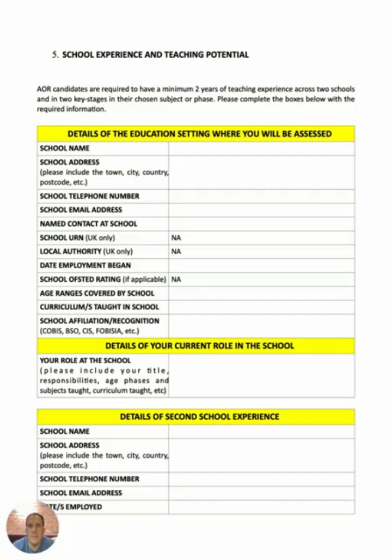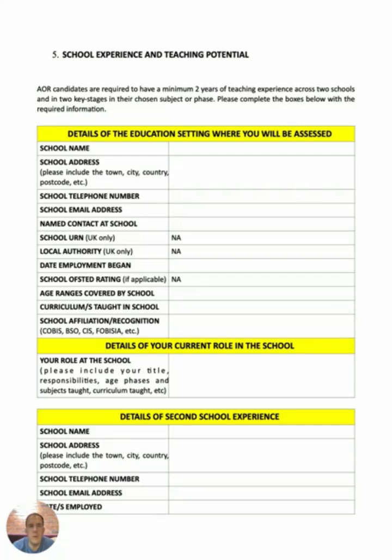If not, then it could be the current head or the PA to the head or somebody at the school that the university can contact if required. Realistically, they're not going to be contacting the school because they're going to be speaking directly with you and also your mentor. So don't worry about this too much, but just make sure it's listed as correct.